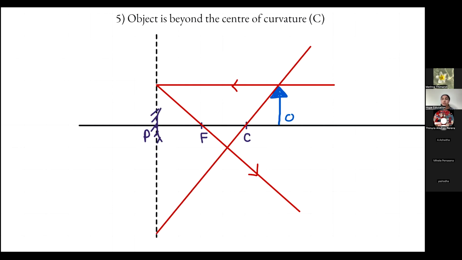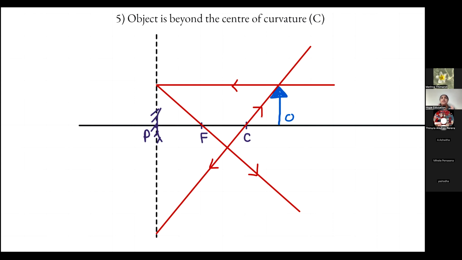This light ray goes through the head of the object and through the center of curvature. It hits the mirror and will be reflected along the same path. Is that clear? A light ray that goes through the head of the object and the center of curvature, strikes the mirror and reflects along the same path.